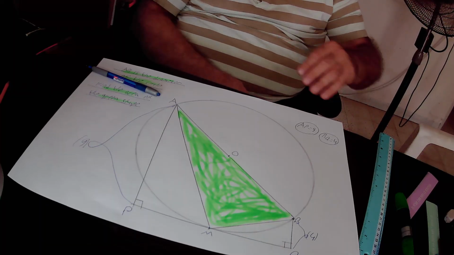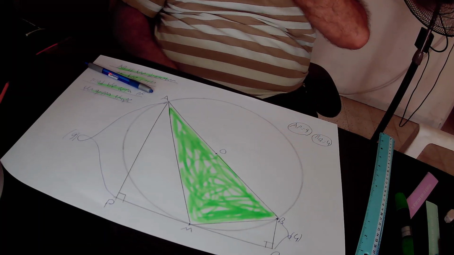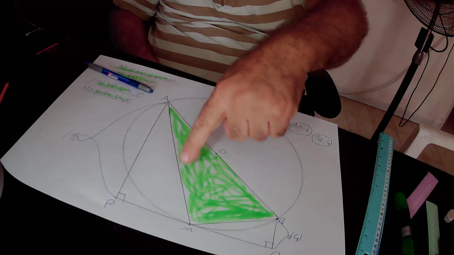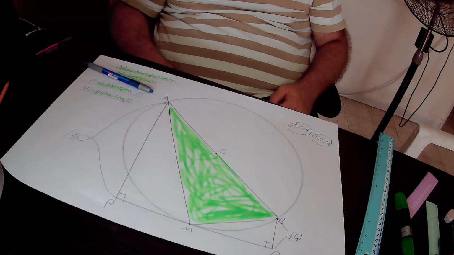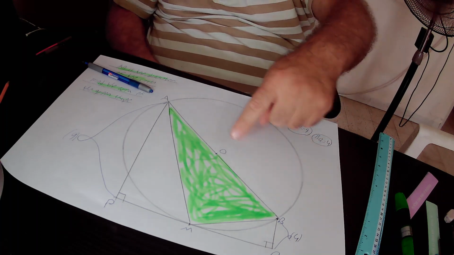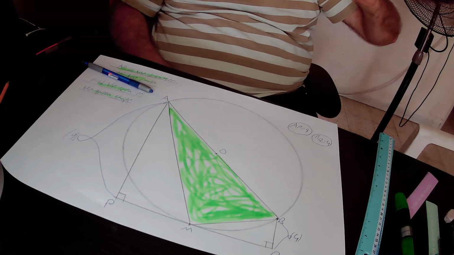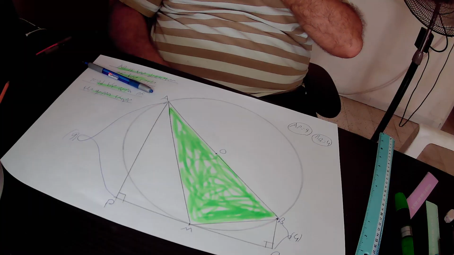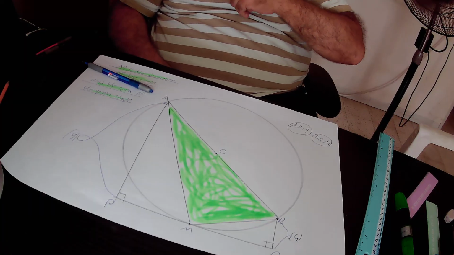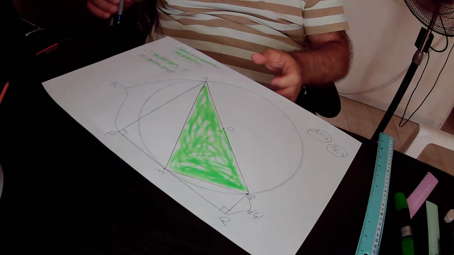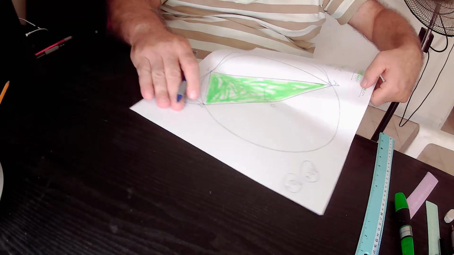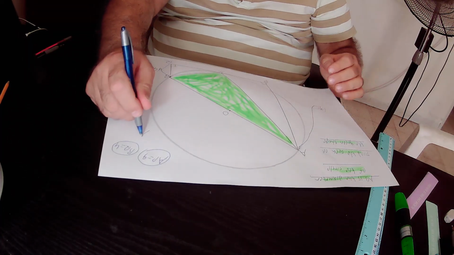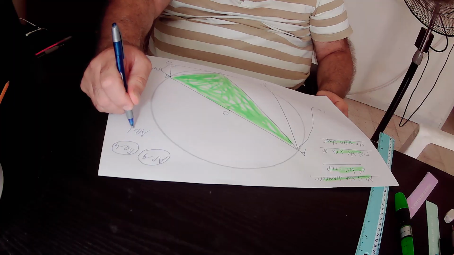In our drawing, this is peripheral angle ABC. Peripheral angle ABC subtends AB, which is the diameter of the circle according to what is given in the question.